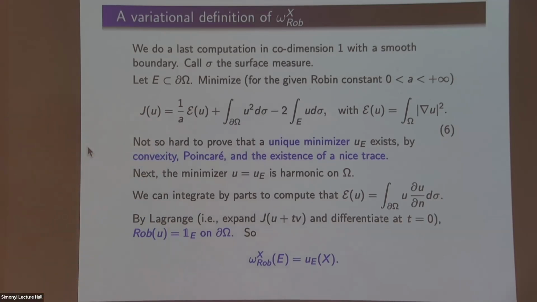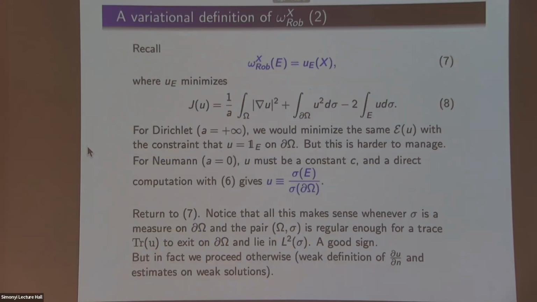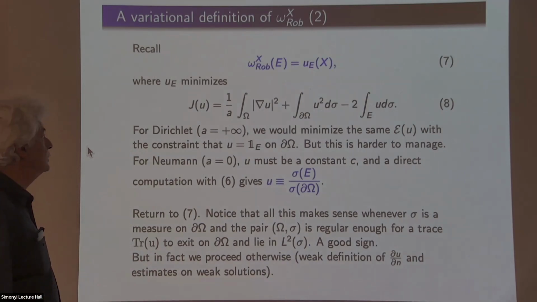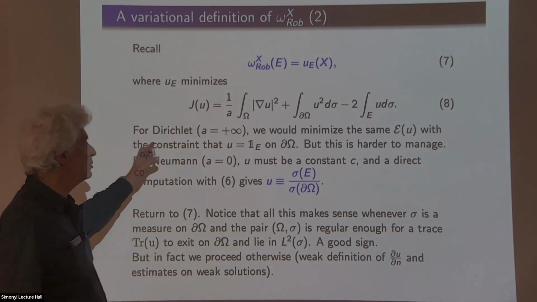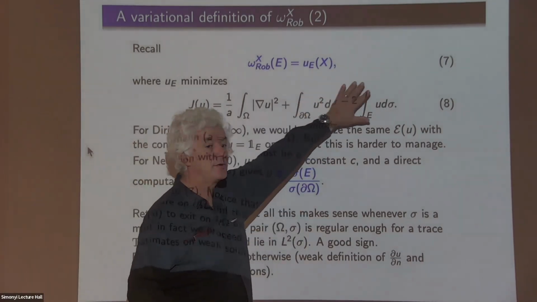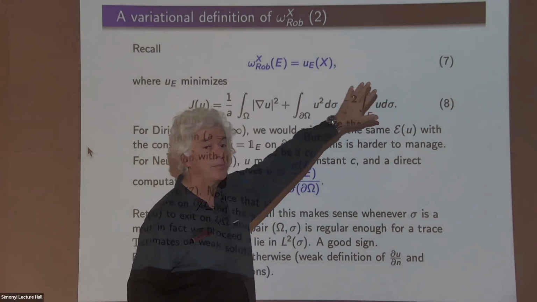Simple question, but let's say it reassures me. It does not reassure me so much, because there are no equations. Okay. So if we were doing Dirichlet, things would be simpler. u would be 0 here, would be 1 there.